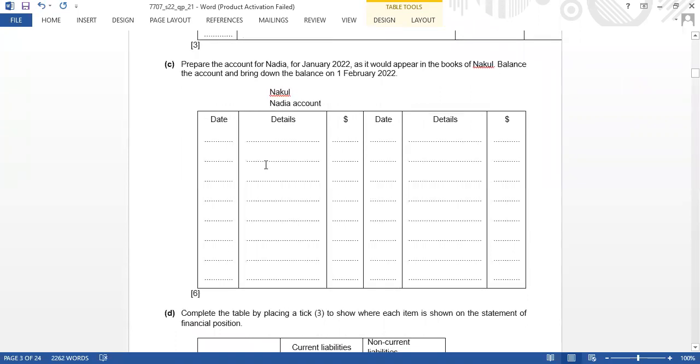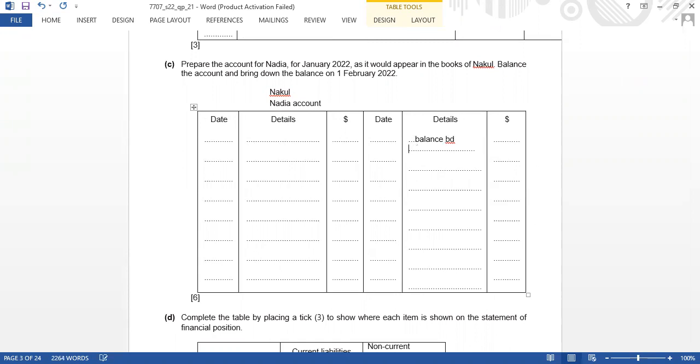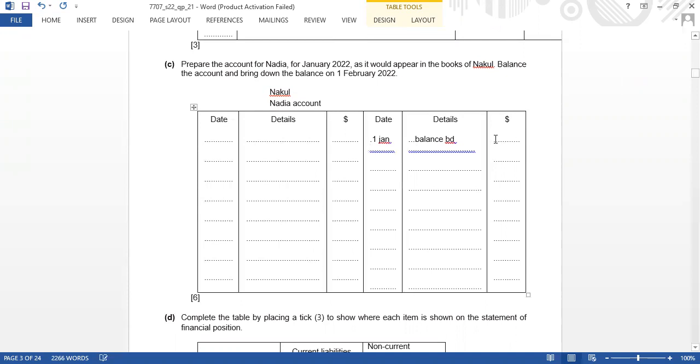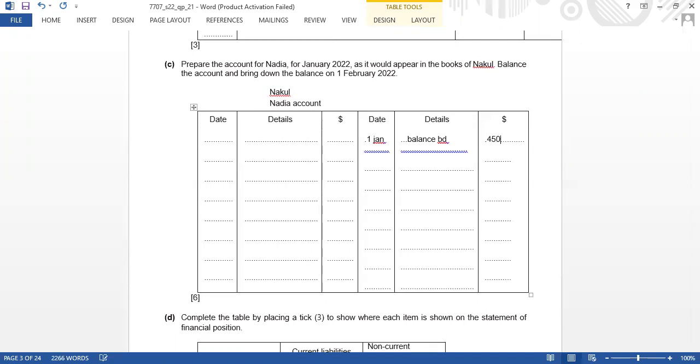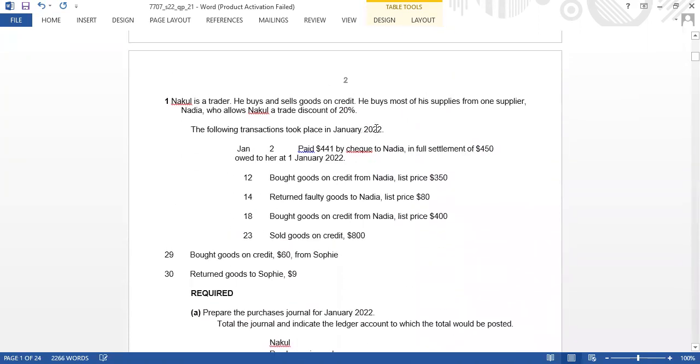As she is a supplier, we'll write balance b/d on first January, which was 450. Paid 441 by check to Nadia in settlement of 450, that means 450 was owed to her at 1st January. 450 was the balance b/d.